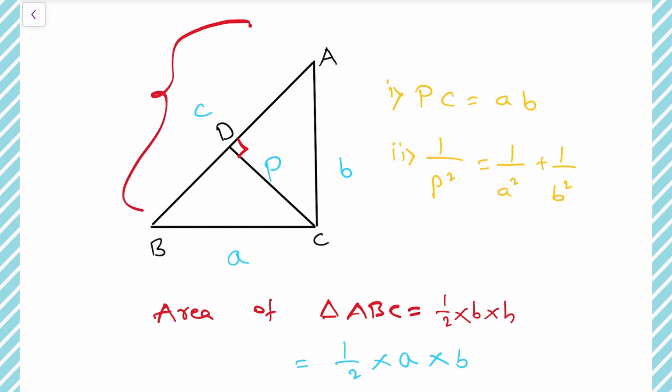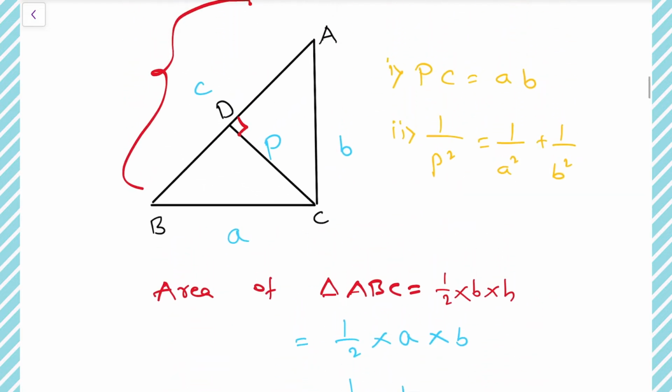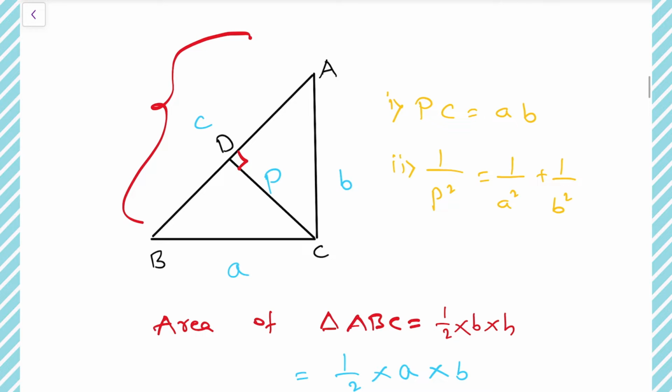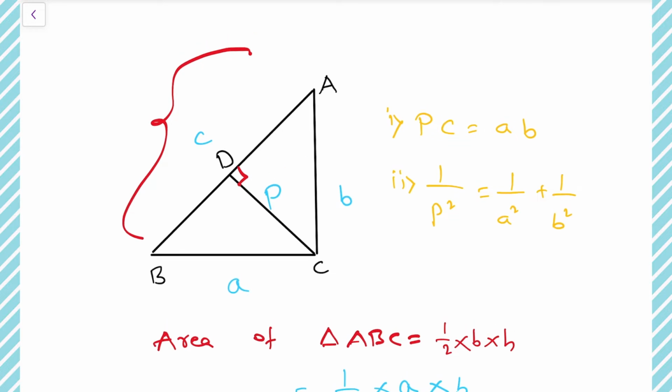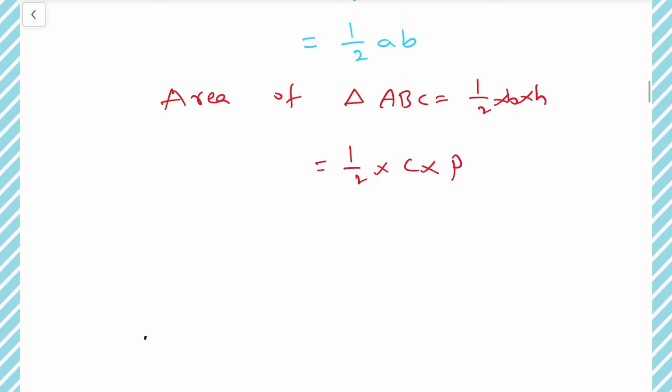So AB means alphabet c, half into alphabet c into, then what will be the height? If I am changing the base of the triangle, then definitely the height will also be changing. So then this CD will become the height, that is nothing but alphabet p. So half into c into p, half cp.